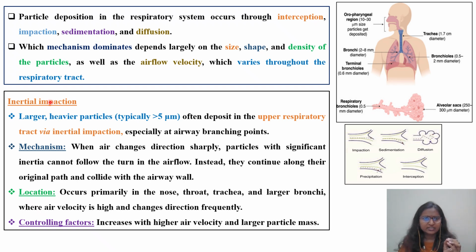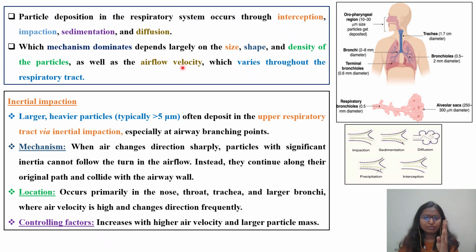Next, which mechanism dominates? These are the four different mechanisms, and which one dominates depends largely on the size, shape and density of the particle. If it is highly dense, it will deposit in the lower parts of the respiratory tract, towards the end of the alveolar branches.